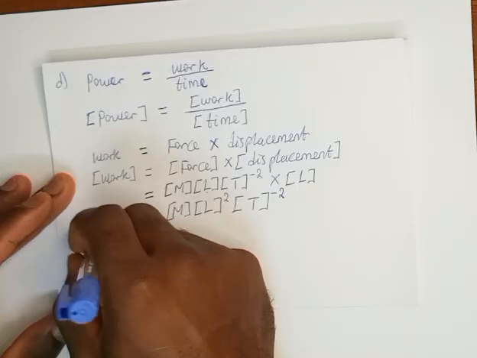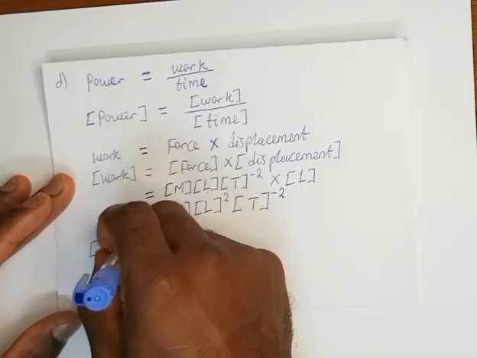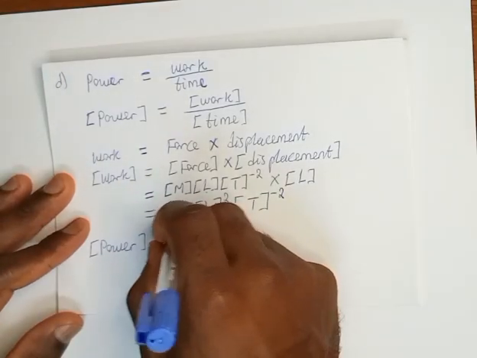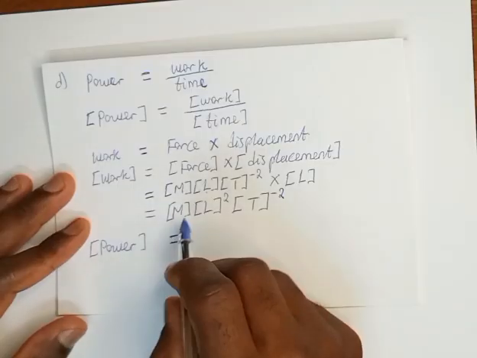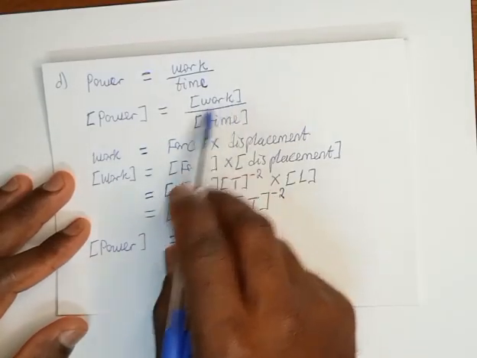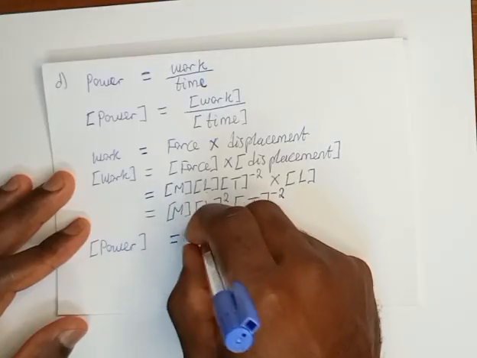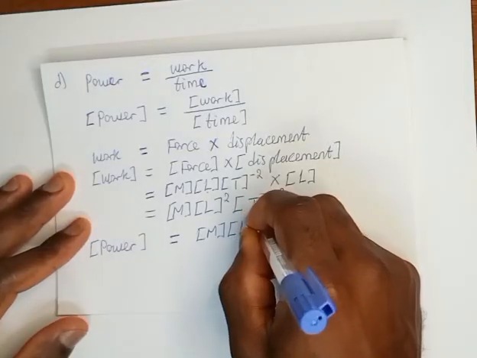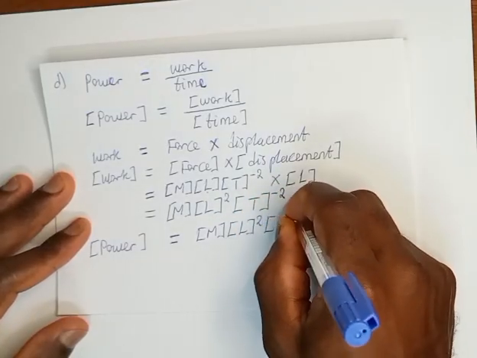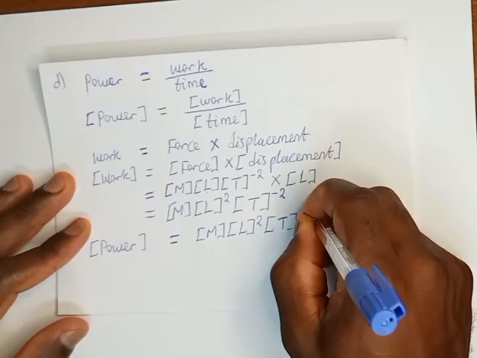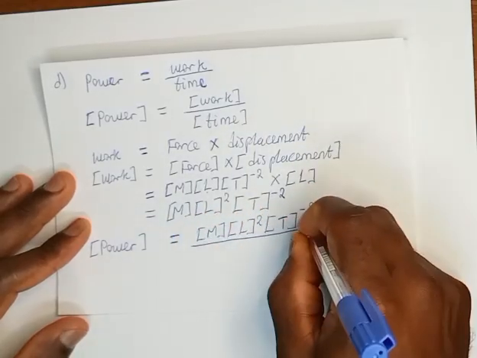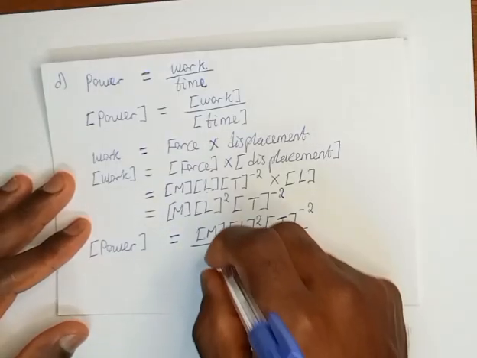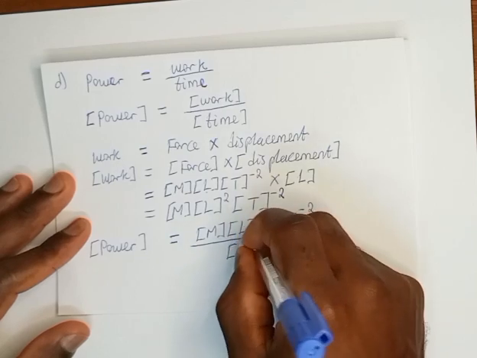Now we can proceed to find the dimensions of power. It will simply be equal to, we replace dimension of work with this, which is m times L squared times t to the power negative 2. Then we have to divide all this by the dimension of time, which is t.